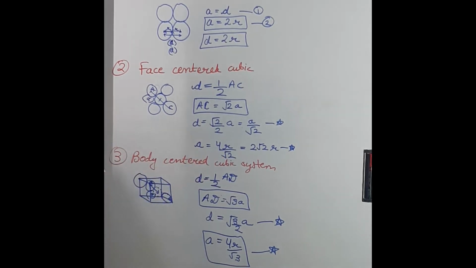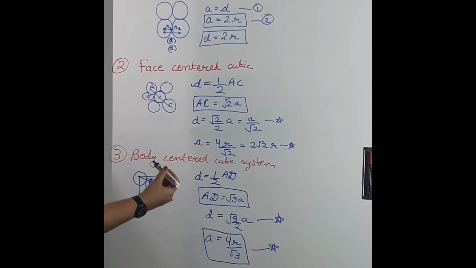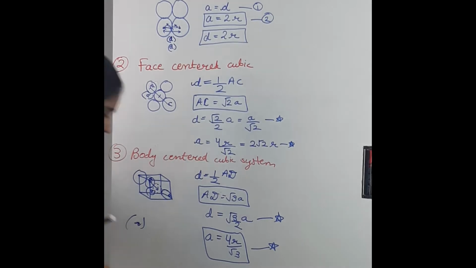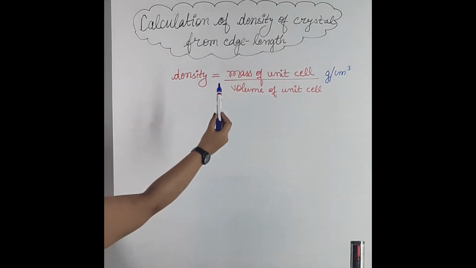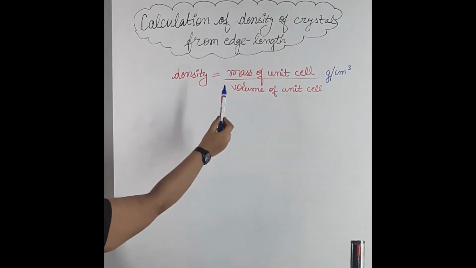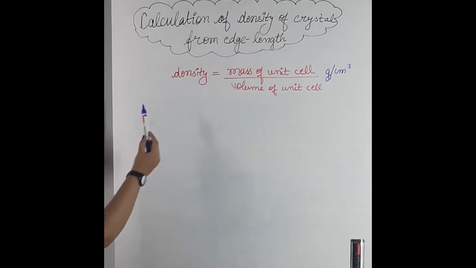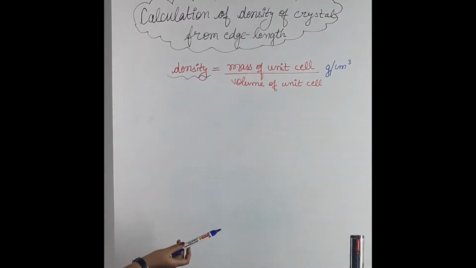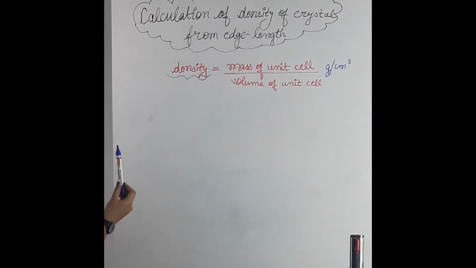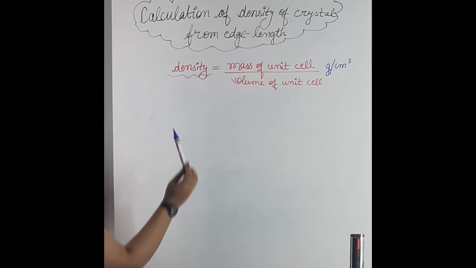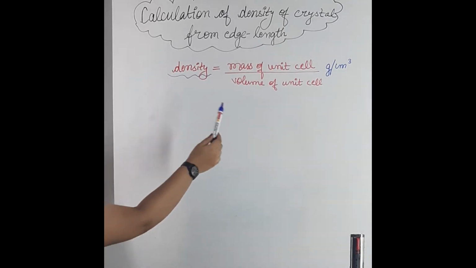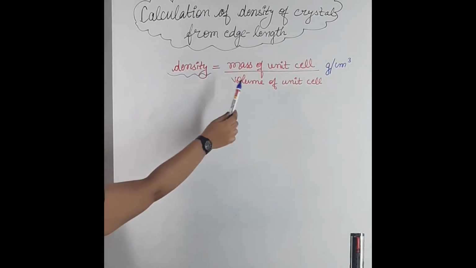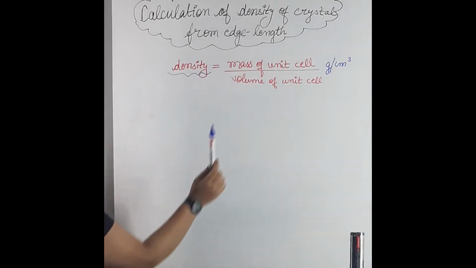Now we will do the calculation of density of crystal from edge length a. This is the formula for the calculation of density, as we have done in our previous classes. Density is equal to mass upon volume, and here we are talking about the unit cell. So density is equal to mass of unit cell upon volume of unit cell.